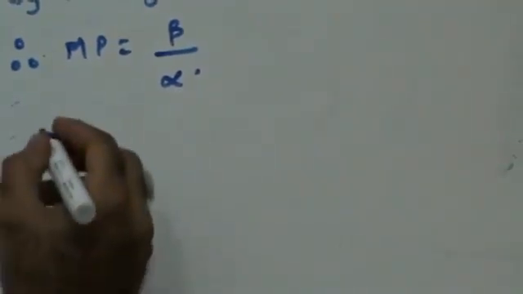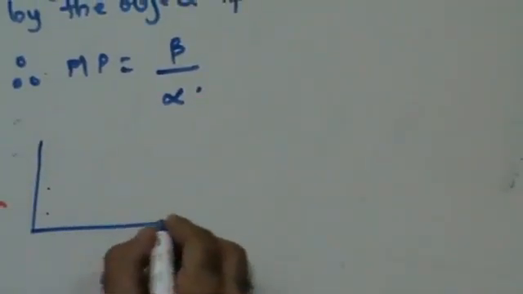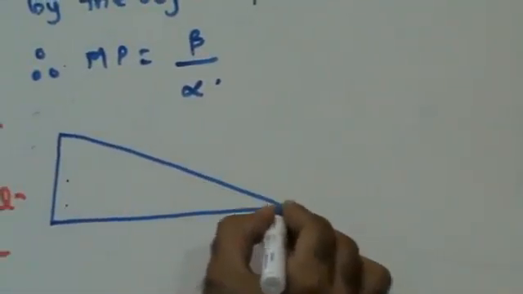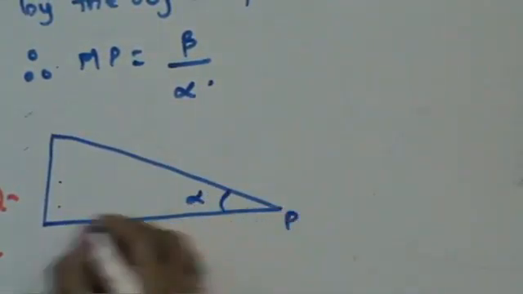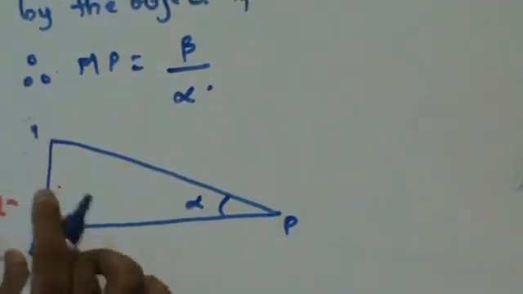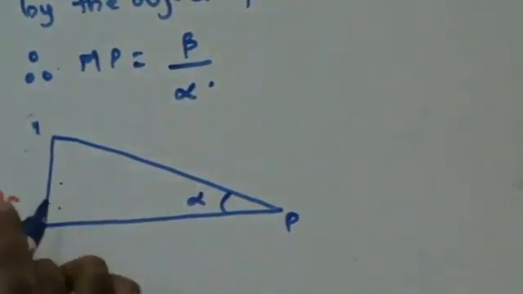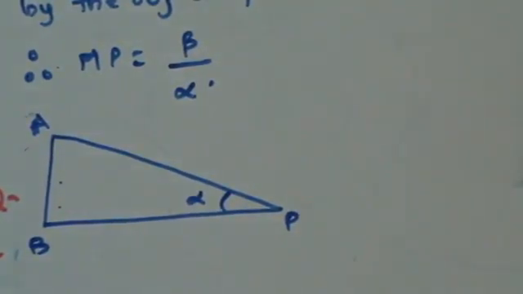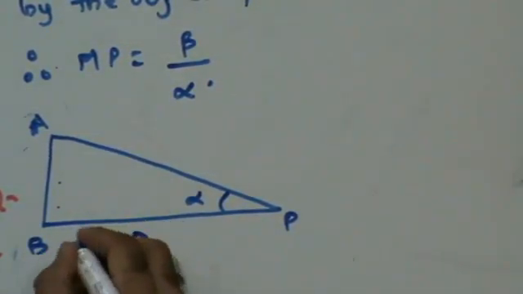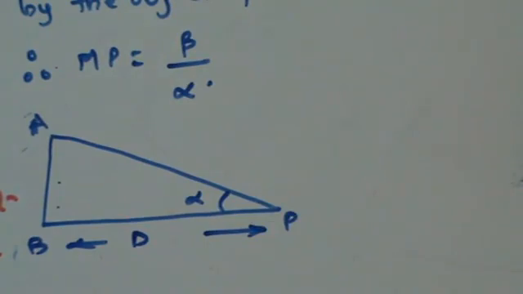Now, let's consider the diagram I've shown you, drawing the diagram again. This angle was alpha, this was P, this was A, this was B and this was A. We've already drawn this diagram where this distance is D, right?